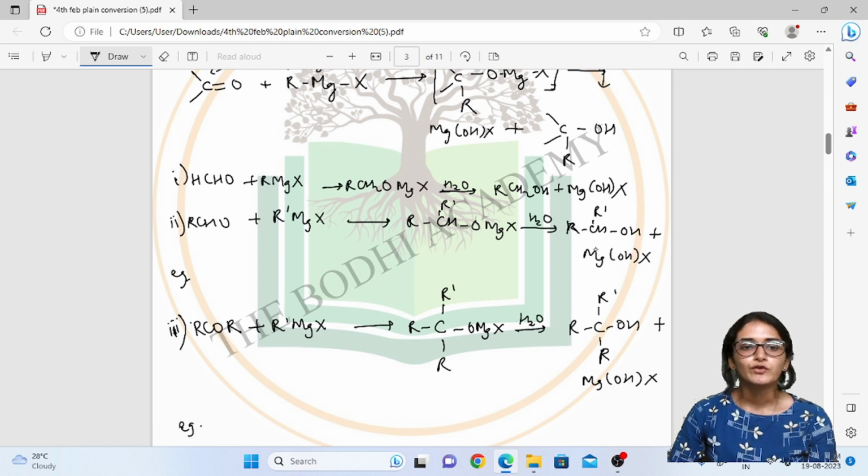What we have to remember is that whenever we use methanal with Grignard reagent, we will get a primary alcohol. That's why I have written this reaction separately. Then if I use a higher aldehyde than methanal, suppose I take CH3CHO, that is ethanal, plus C2H5MgCl.